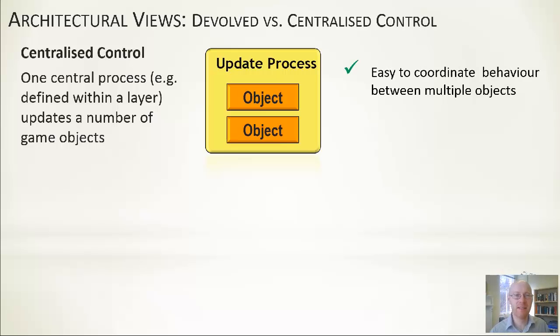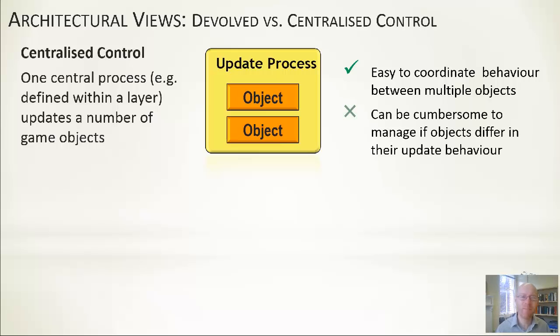The advantage to that is it is easy to coordinate behavior between the different objects. So if you have a bunch of enemies and you want them to move in a certain formation, then it's easiest, most times, to do that centrally, to have one process that says, you go there, you go there, you go there. The downside, or the disadvantage of doing this, is that it can be cumbersome to manage objects if they do different things.